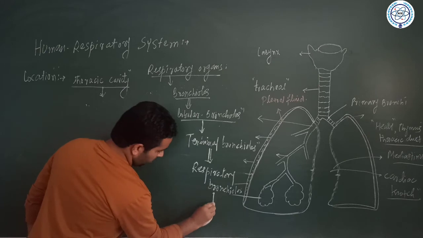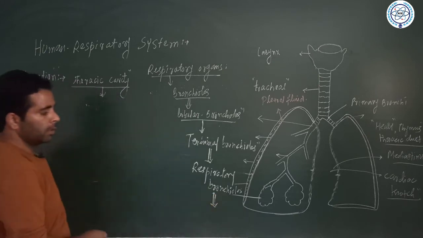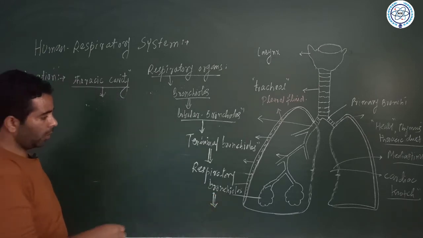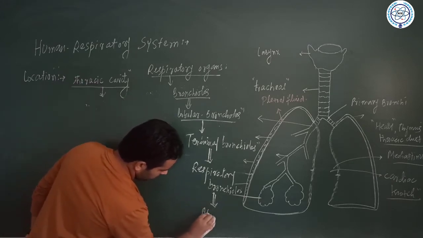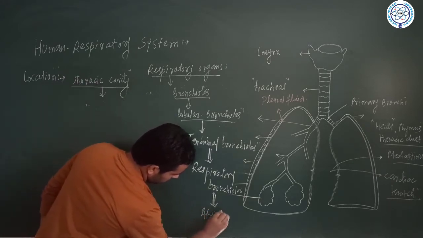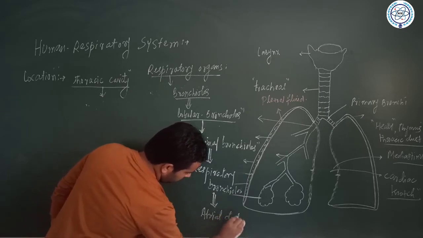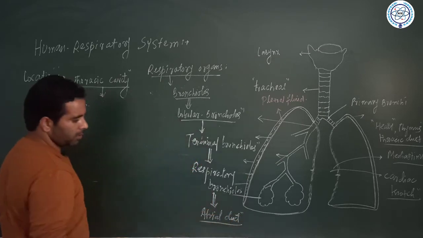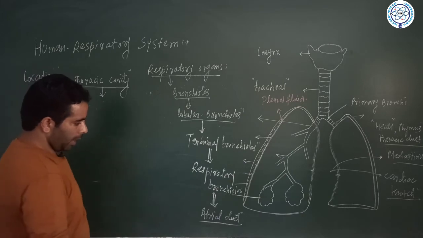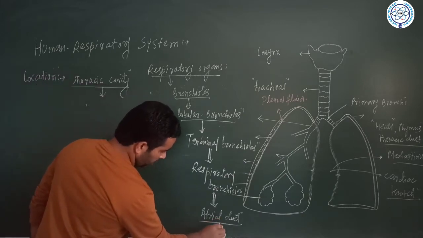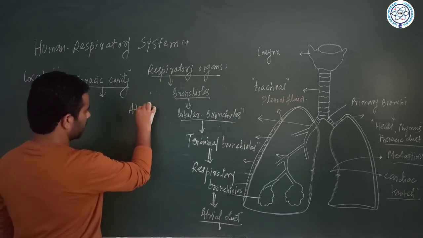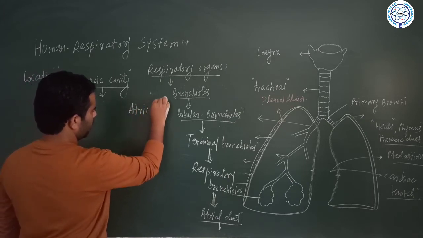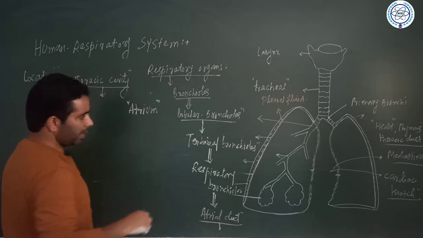And these respiratory bronchioles open into a duct-like structure, an expanded structure, known as the arterial duct. And this arterial duct finally opens into one more expanded structure, known as the atrium.